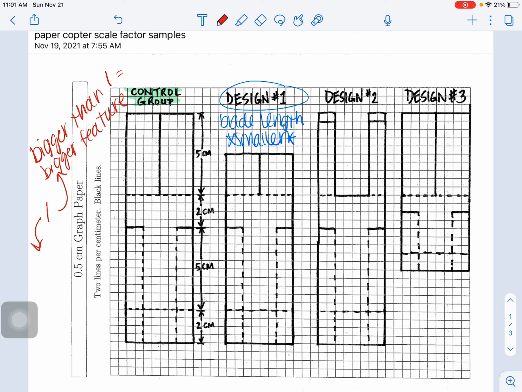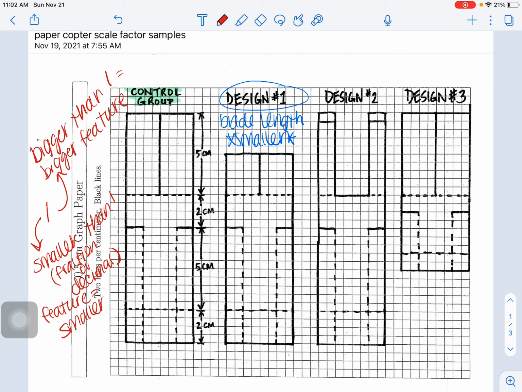And if the number is smaller than 1, and that means, remember, fraction or decimal, that's going to mean that the feature is smaller. So remember that number 1 is really our cutoff. That's our boundary. So if the scale factor number is bigger than 1, it's going to be a bigger feature. And if that number is smaller than 1, it's going to be a smaller feature.